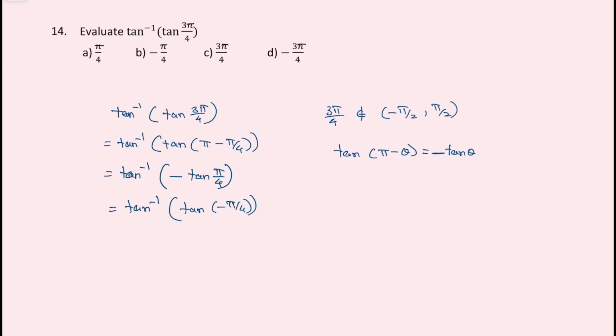Or we can use this formula also. Tan inverse of minus x is minus tan inverse of x. That way also you can write. Now tan inverse and tan could be cancelled because minus pi by 4 belongs to the principal value branch of tan inverse now. The answer is minus pi by 4. Option B is the correct answer.